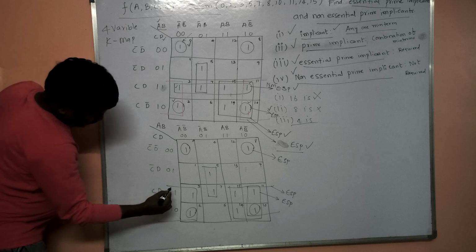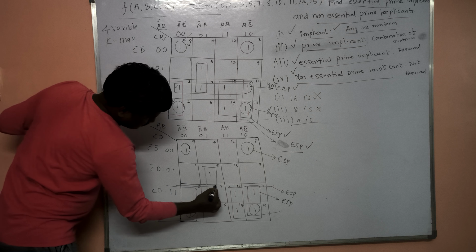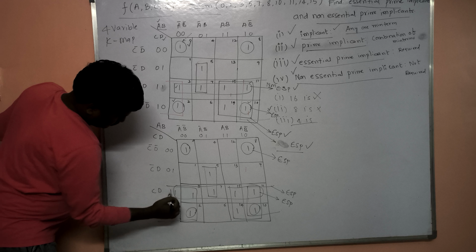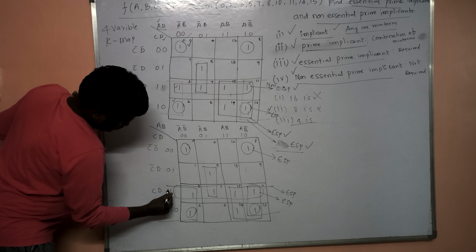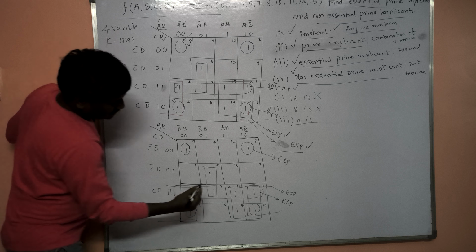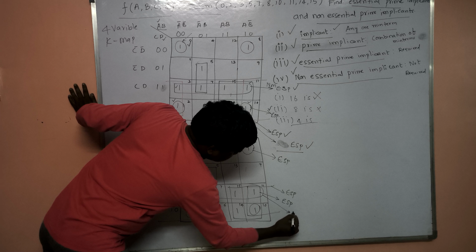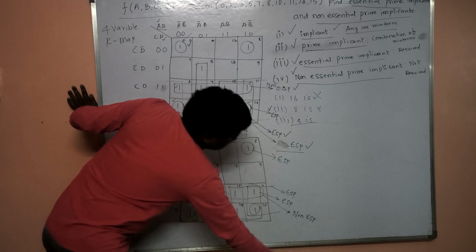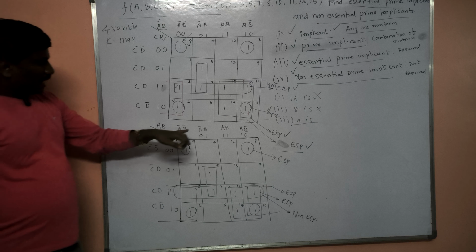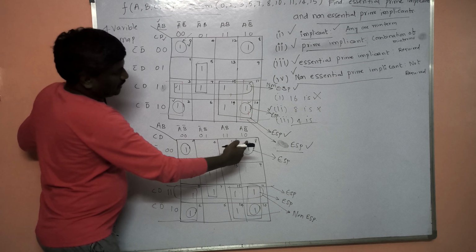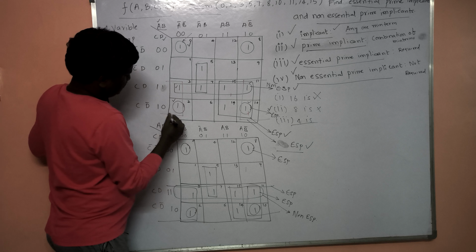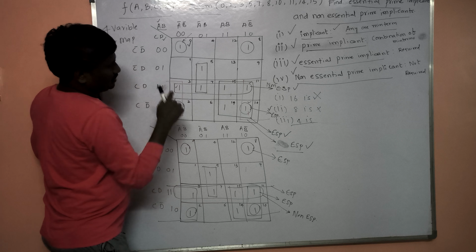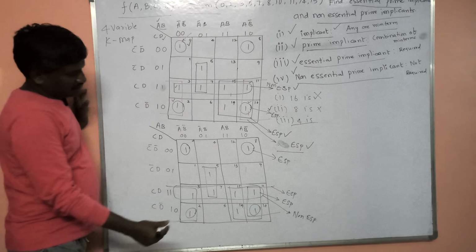But if I take a group like this, what exactly is this? This is a non-essential prime implicant. So either this one, this red combination, or this 4 ones combination, is a non-essential prime implicant.